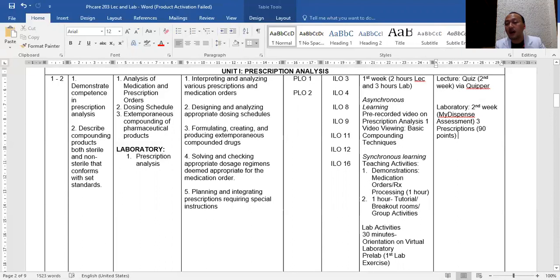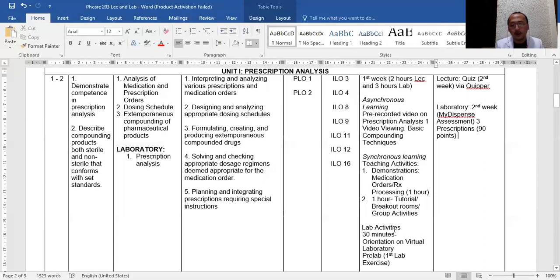Then there will be 3 prescriptions for 90 points that will be part of our assessment for the following weeks. So this week will be more of an orientation, but then we will start with our prescription analysis.